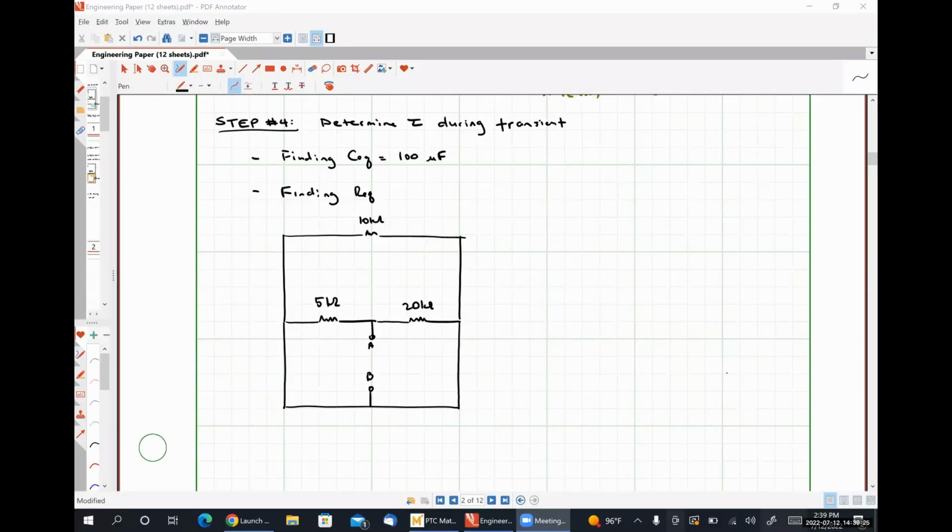Just waiting for the screen to come back up. There we go. All right. So as I was trying to say a moment ago, this is node A.